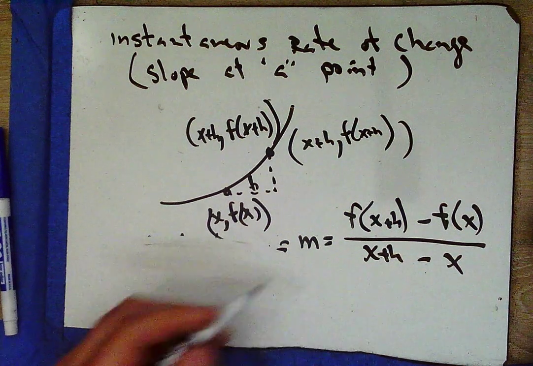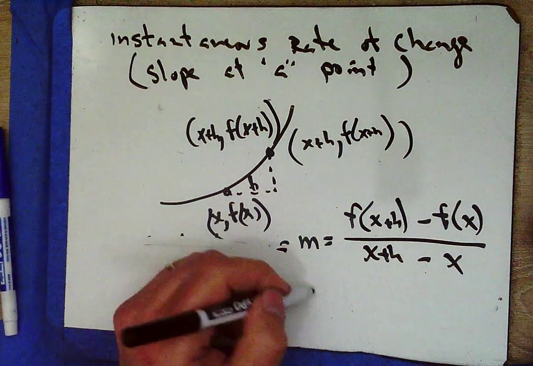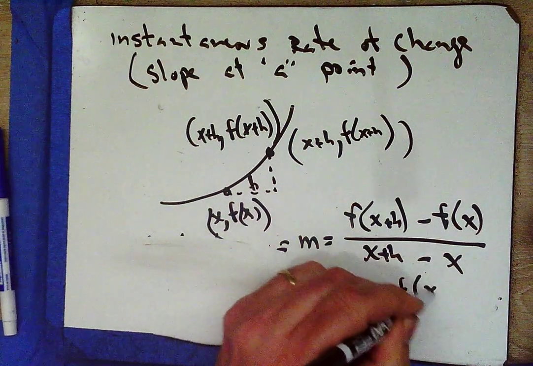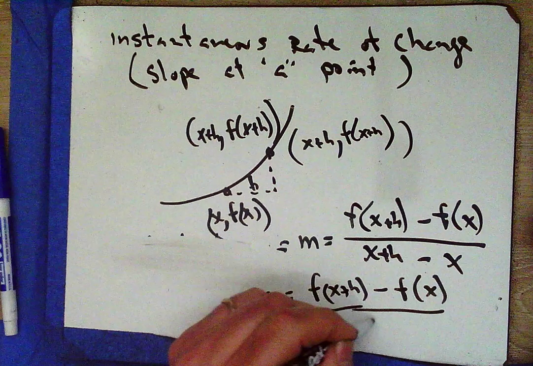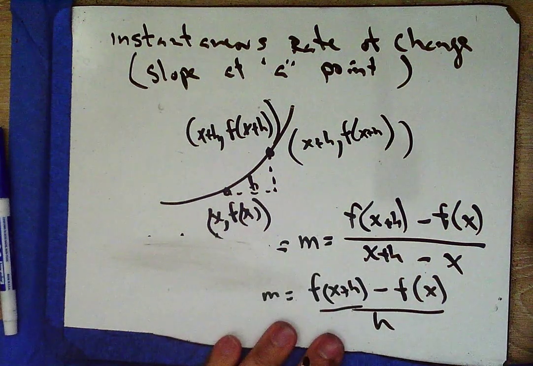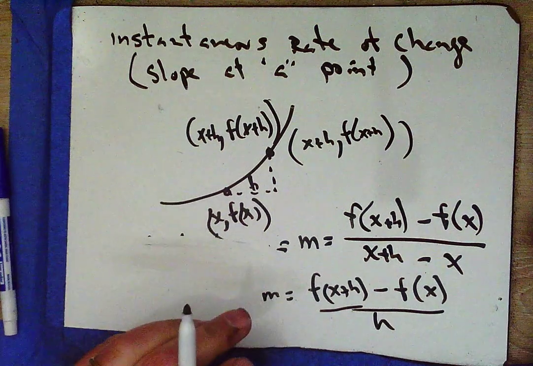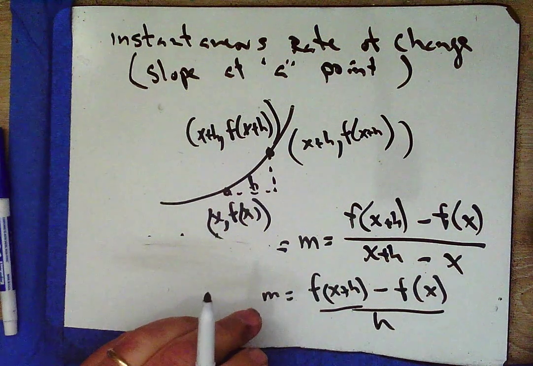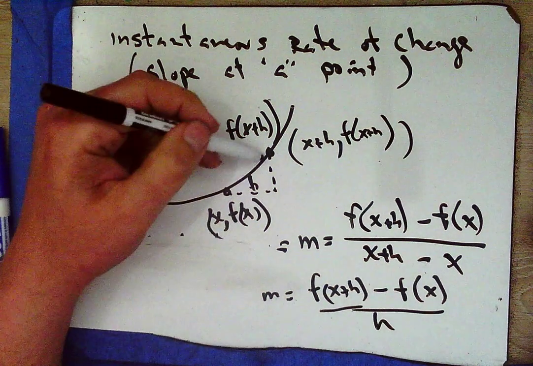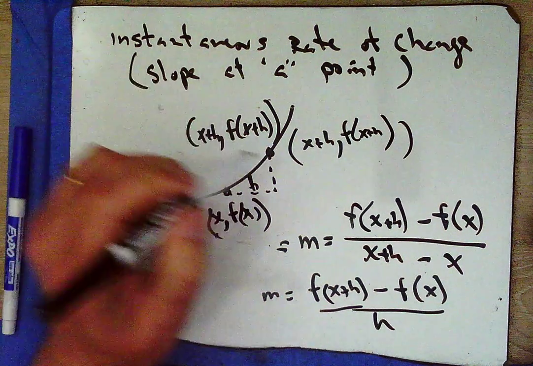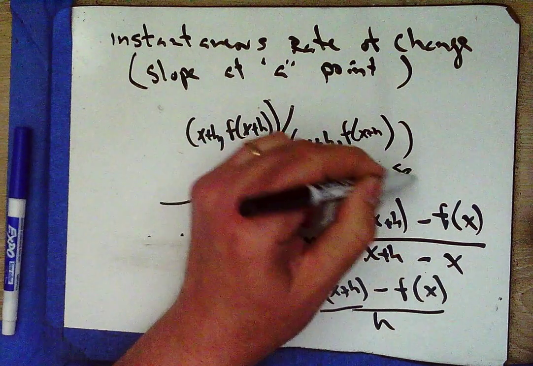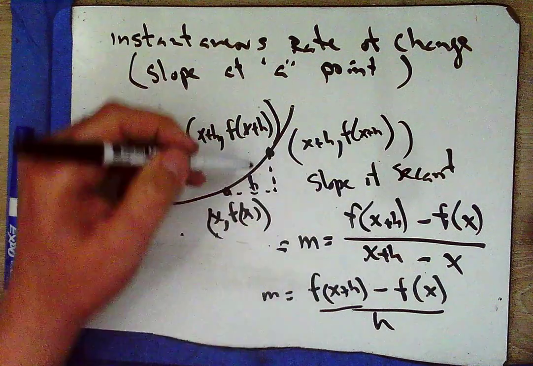I can tidy up the bottom, can't I? f of x plus h minus f of x all over h, because these x's cancel. Now this finds the slope between 2 generic points on the curve. But what I'm looking for is not the slope of the secant, because that's clearly what I have here. This is the slope of the secant between these 2 points.